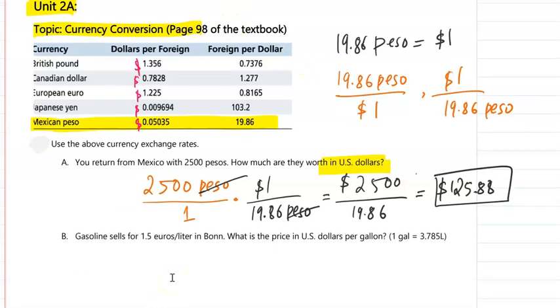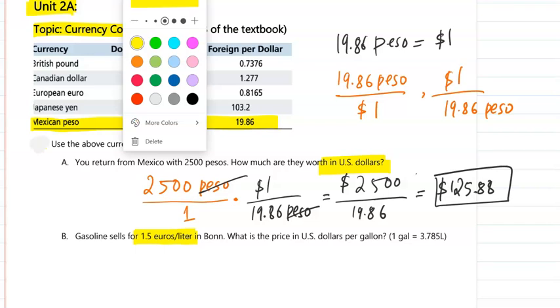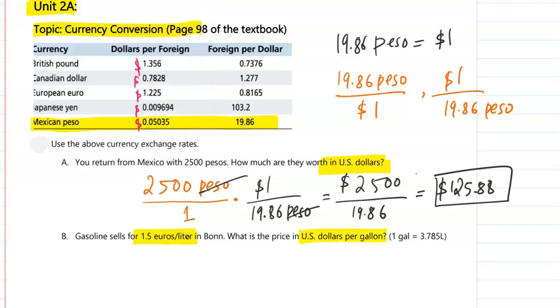Okay, question B. In this question, you are not changing an amount; you're finding the price in US dollar per gallon, and they give you how much euro per liter. What is given is 1.5 euro per liter in Europe, and the question asks how much in US dollar per gallon.